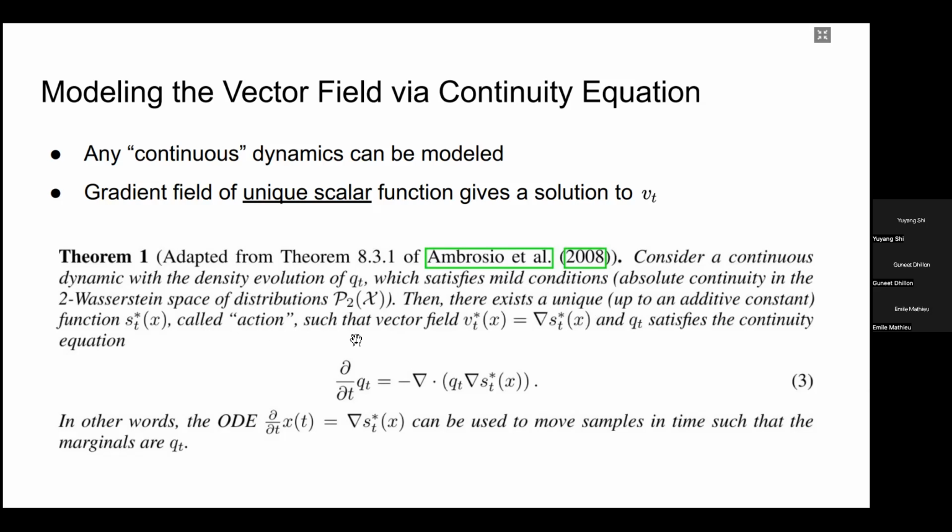So this action function can define the vector field V star as the grad of ST star, and that defines a QT that solves the continuity equation given here. So for any set of QT, you can have this vector field, and this vector field you learned can be plugged in to move samples such that the marginals are QT. So this is the generality of the proposed approach.